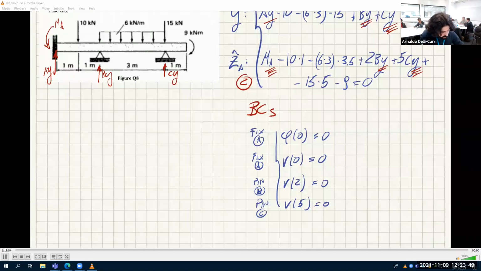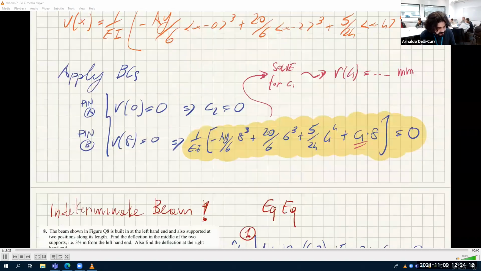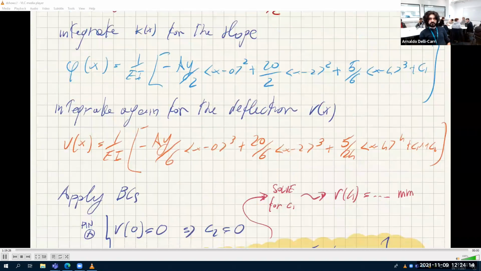See, if I try to draw the deflected shape of this beam, it looks like this. And as you can see, there might be slope here. It's best if you look at it here. See, pins do allow for slope.